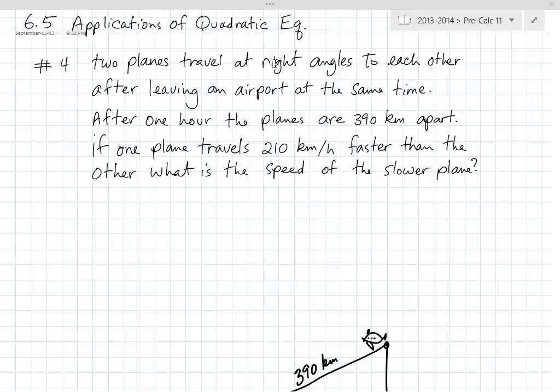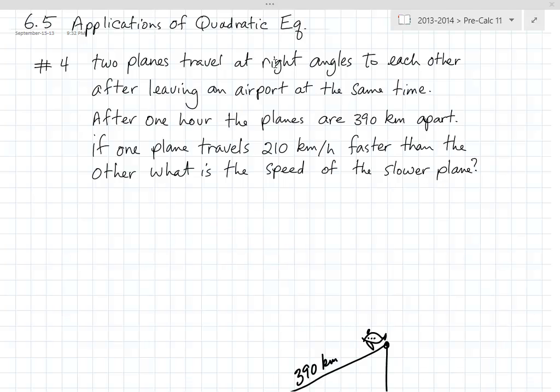Okay. So the first question that we are dealing with is: two planes travel at right angles to each other. So that's the first piece of information that we have. And they leave the airport at the same point at the same time.